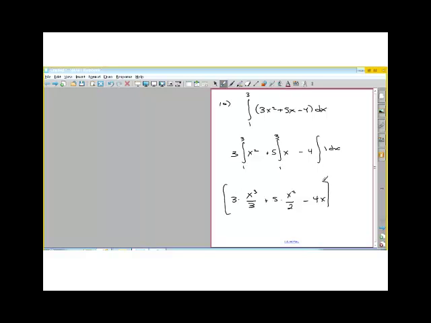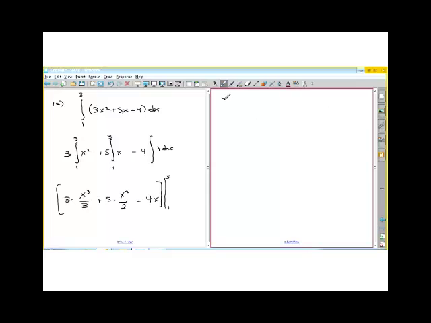So that's the integration. Because this is a definite integral, meaning it has limits, we show it at this. This means I'm going to plug 3 in, and then plug in 1 and subtract that. So now we evaluate them at the limits.